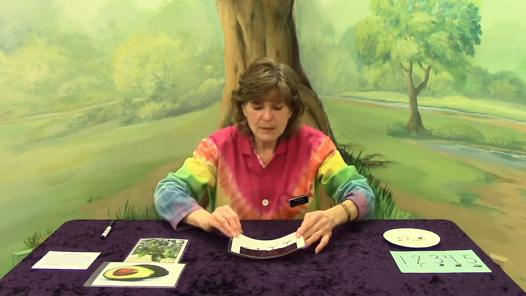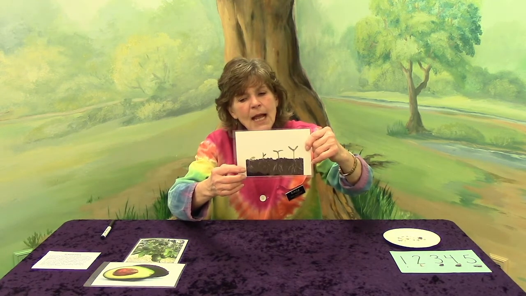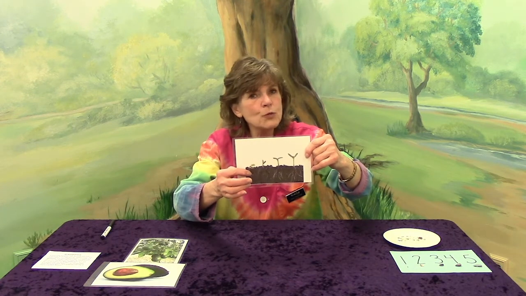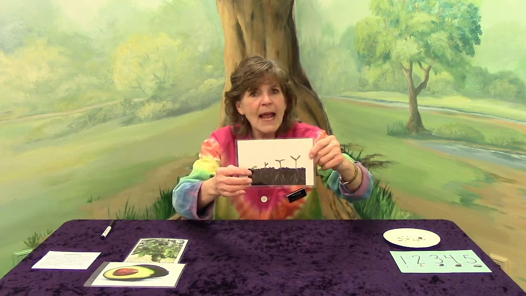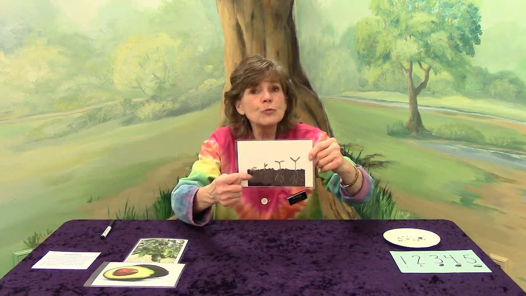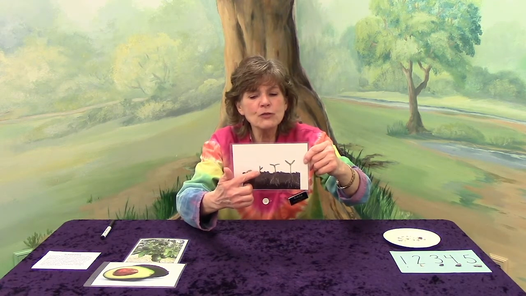What happens is the seed is in the ground and the rain comes down, it gets wet and it absorbs the water and it wakes up and it sprouts. It's germinated. Can you say that? Germinated. And then the stem starts growing.